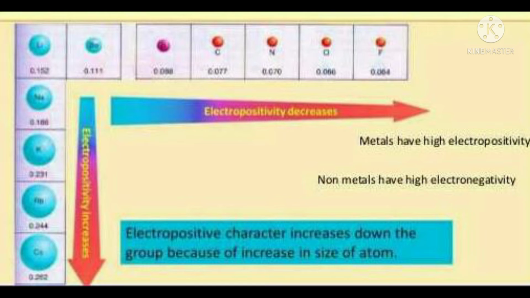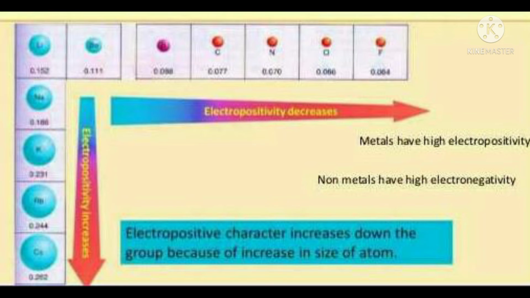Let's see what happens in a group. In a group on moving from top to the bottom, the size of the atom increases because the distance of the outermost electrons from the nucleus is increasing. So the outermost electrons have lesser and lesser effective nuclear charge on moving from top to bottom.